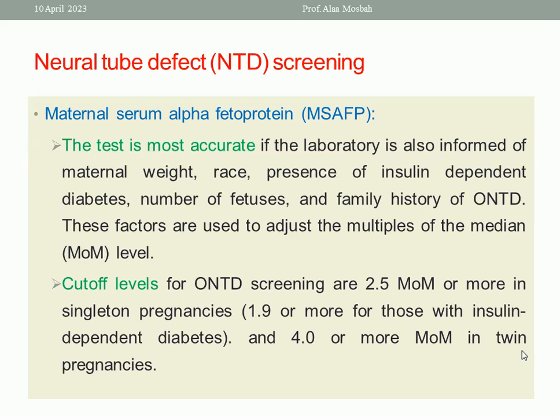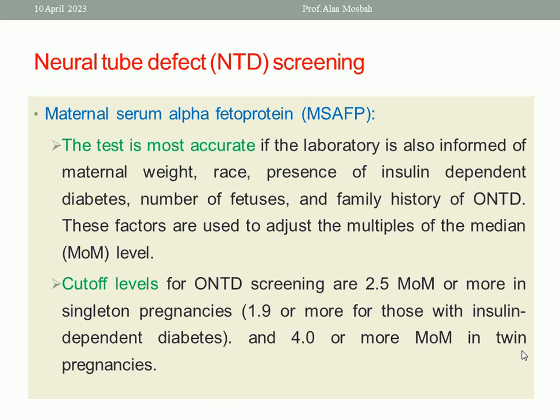Okay, what about maternal serum alpha fetoprotein? The test is most accurate if the laboratory is also informed of maternal weight, race, presence of insulin-dependent diabetes, number of fetuses, and the family history of open neural tube defect. Why these factors?